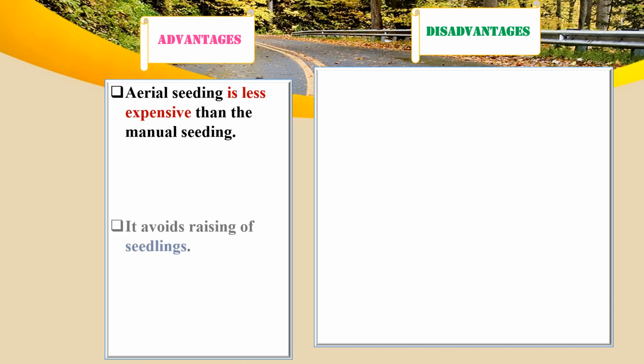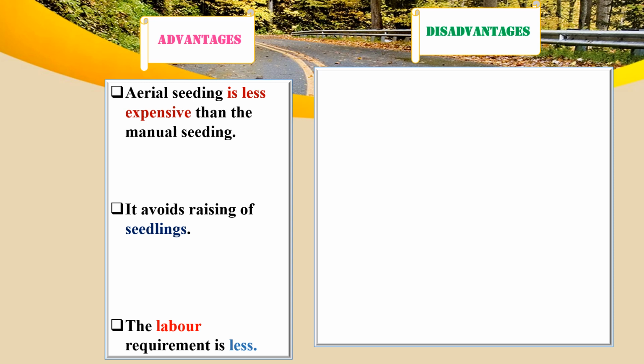Now we discuss the advantages of aerial seeding. As aerial seeding eliminates plowing, the process of germination and growth stages requires no attention. It is less expensive than manual seeding.